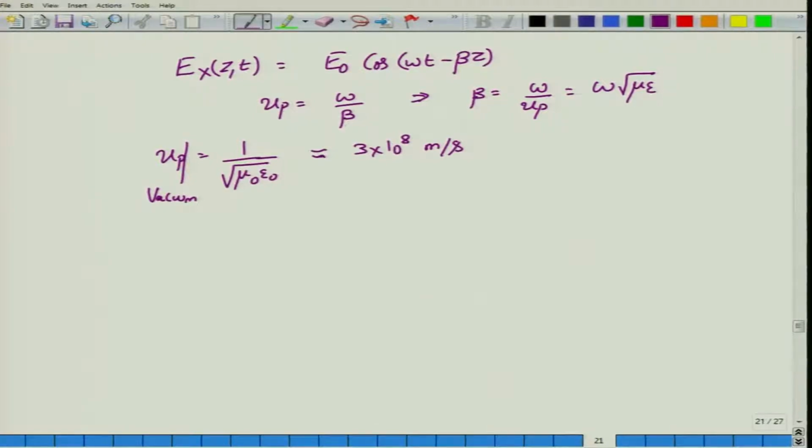So, in free space, in vacuum, a wave would propagate as a light wave. Light is an electromagnetic wave because it propagates at the same velocity. This was in fact the argument that Maxwell used. Maxwell found the values of mu naught and epsilon naught, calculated the velocity, and then showed that it was equal to the speed of light.